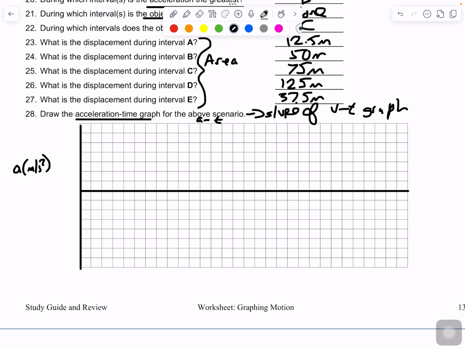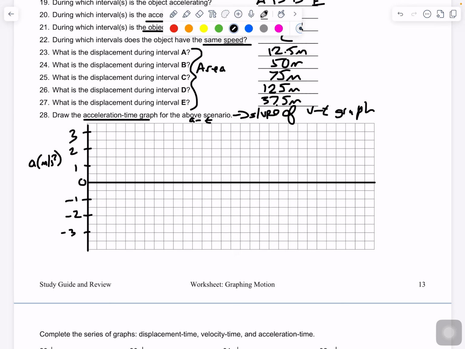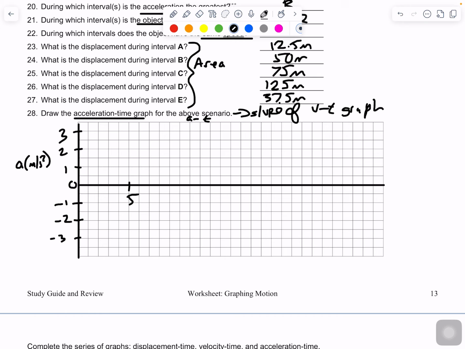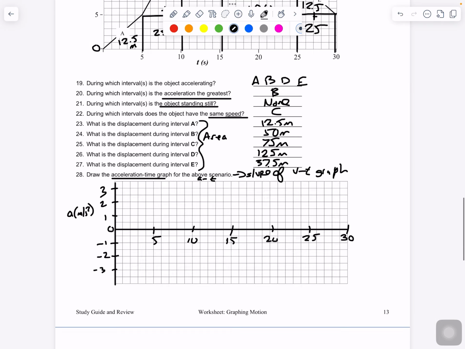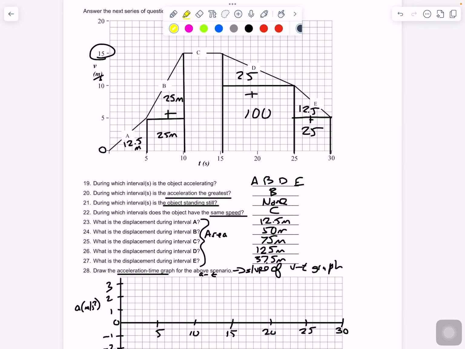All the way across. We can go 1, 2, 3, -1, 0, of course. -1, -2, -3, and use the same time scale as we did before. So 5, 10, 15, 20, 25, and 30.